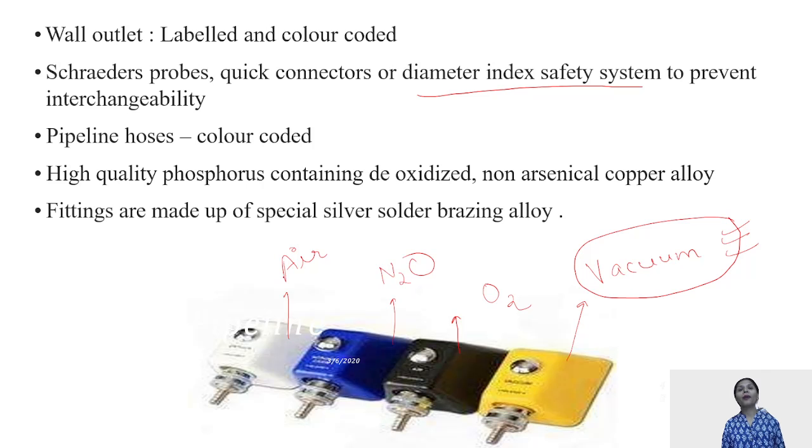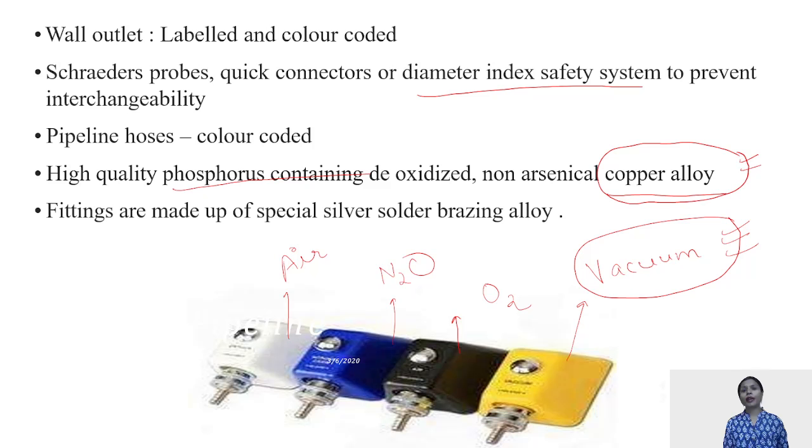Now all your pipelines are specially made with a phosphorus containing copper alloy. If you remember only this, that it is made up of a copper alloy, it is more than enough.